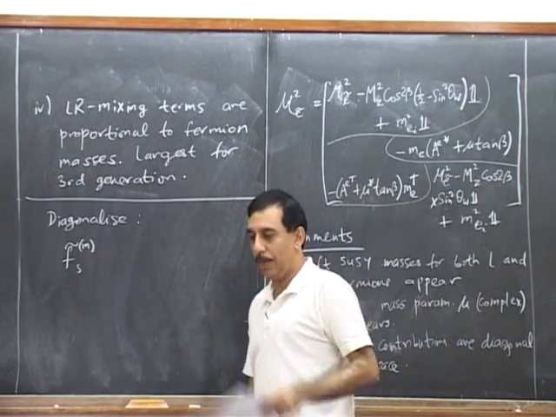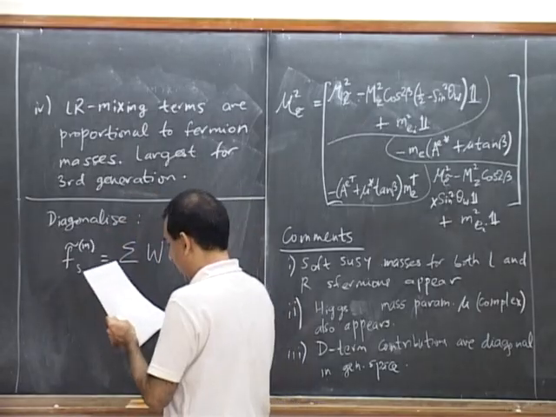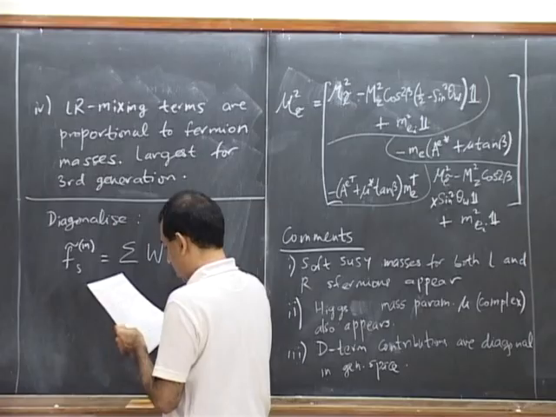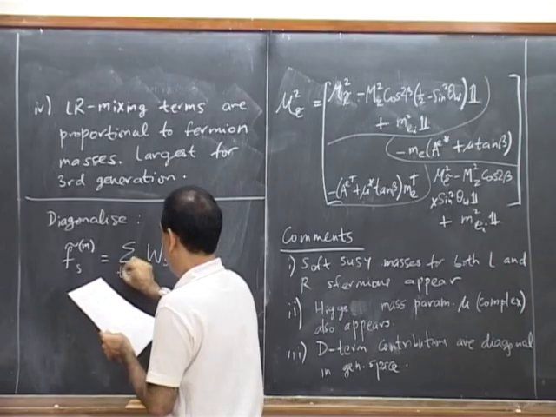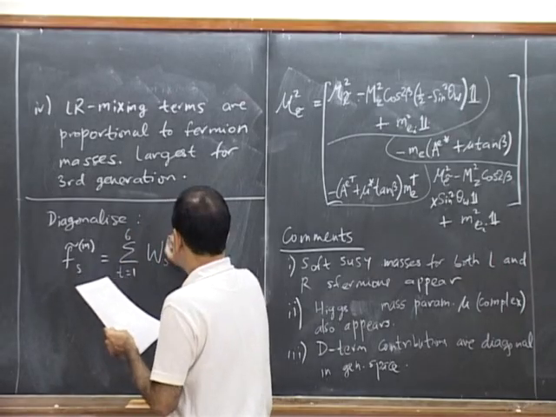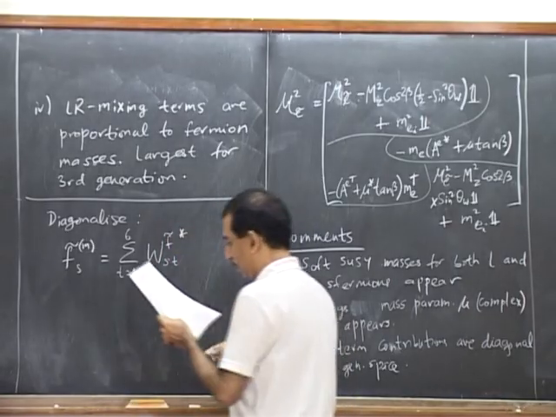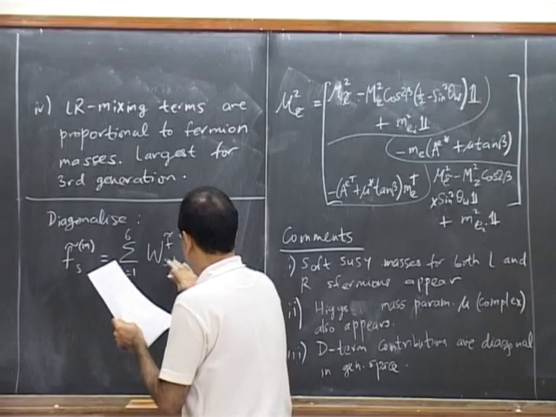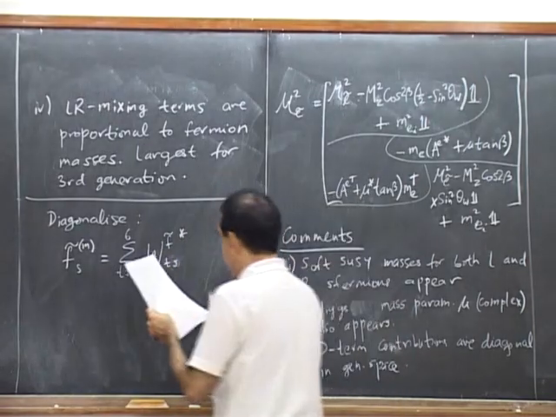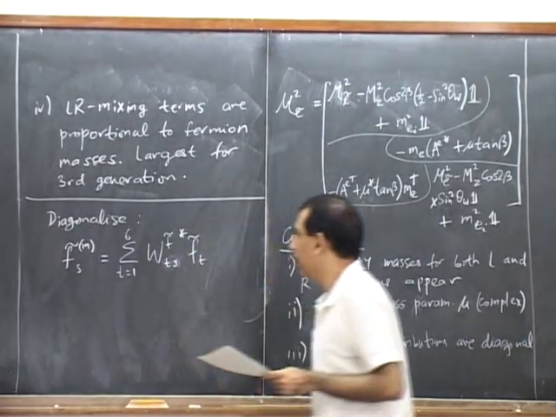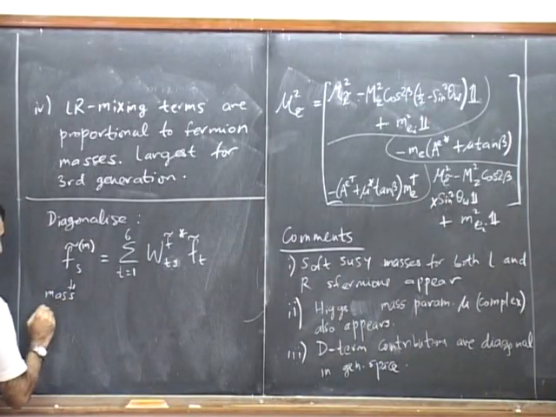S is a label which goes from 1 to 6, and these should be the summation over some matrix rotation W, S T, summation T going from 1 to 6. This matrix is called W F tilde, and it's W dagger ST which I'm using, times the original basis. Okay, then in that case these are the mass eigenstates.